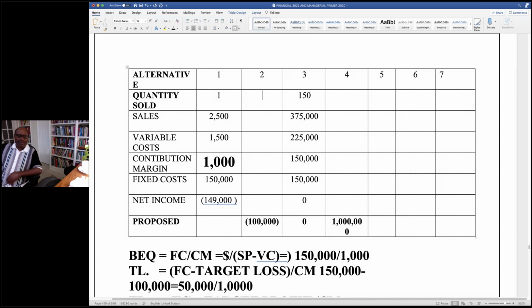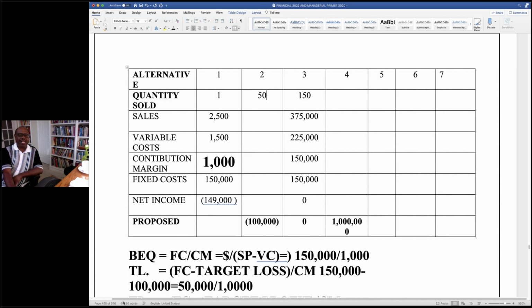Professor Boyd, there's no way of knowing the target loss if you don't have the proposed, right? It's 50,000. Are you always going to give us the proposed? Yes.